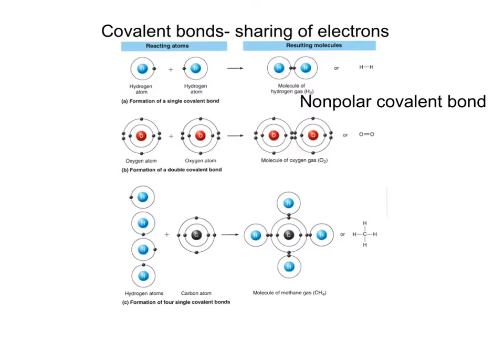In this case, we see methane. Here's carbon. It has 4 valence electrons. It would really like to have 8, so it's going to bind with 1, 2, 3, 4 hydrogens that only need 2 because they follow the duet rule, and forms methane gas, and this is also a non-polar covalent bond.